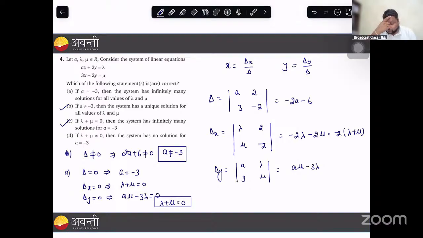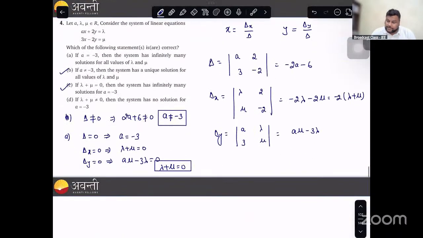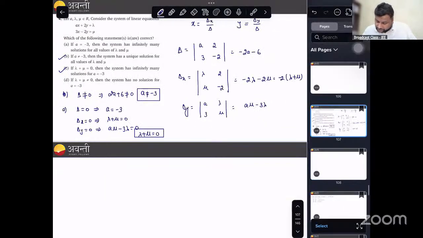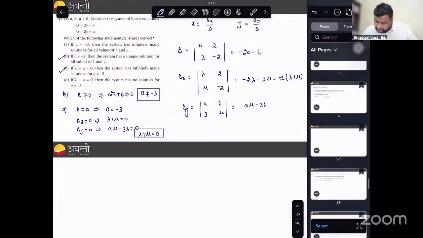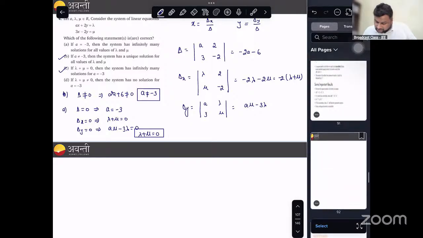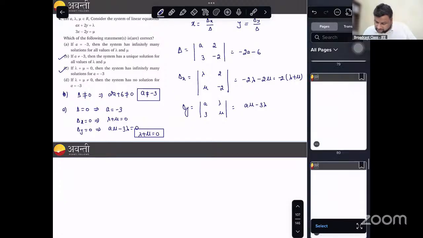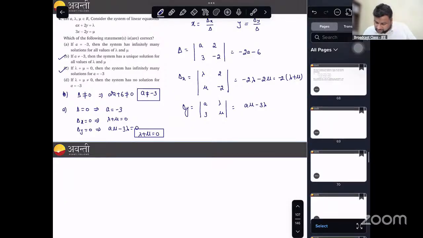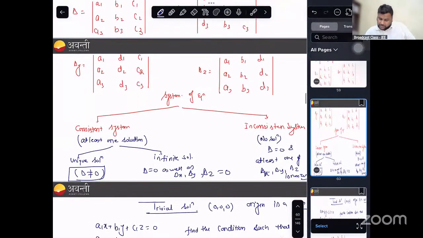Now, for no solution, delta should be 0. And just a second, what is the condition I told you? Delta should be 0 and at least one of delta x, delta y, delta z should be non-zero. Very good.